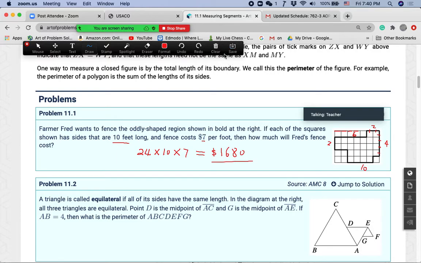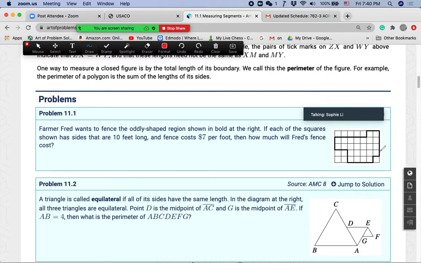Okay. So now I want to ask you another question. Does anybody have a shortcut to calculate this perimeter? How to do this quickly?